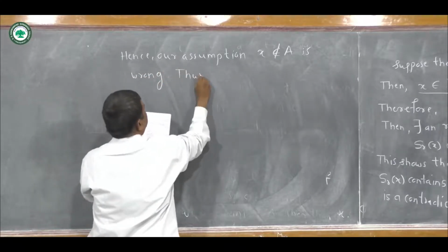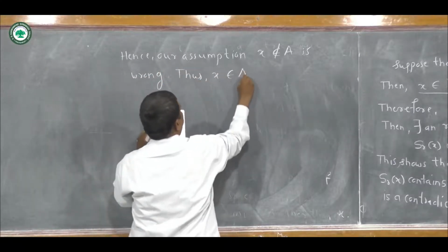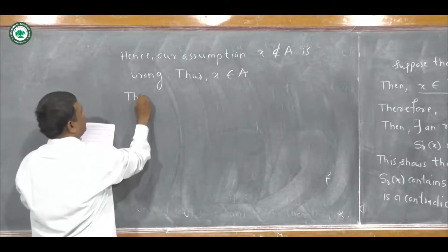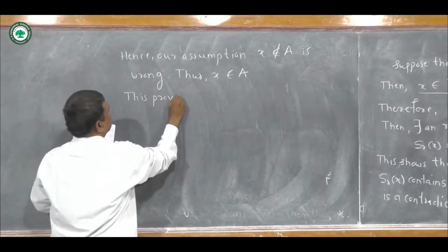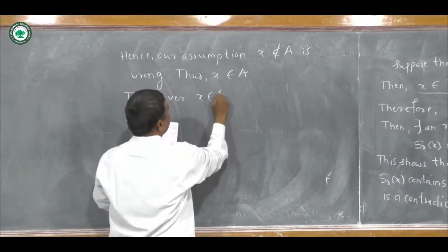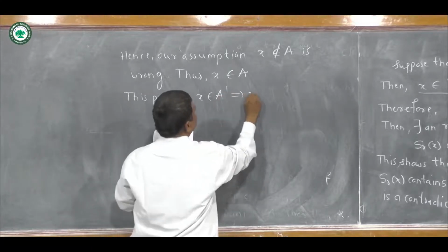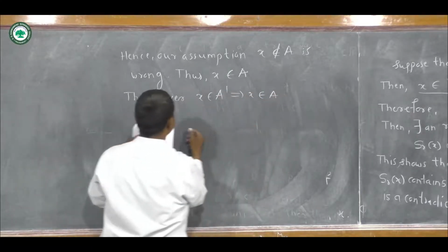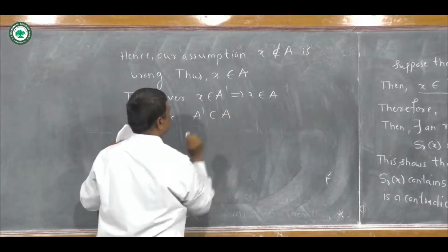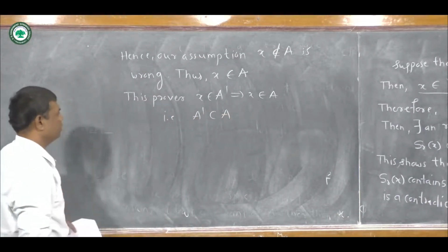Thus we have x belongs to A. So this proves that x belongs to A' implies that x belongs to A. That is, the set of limit points of set A is contained in A.